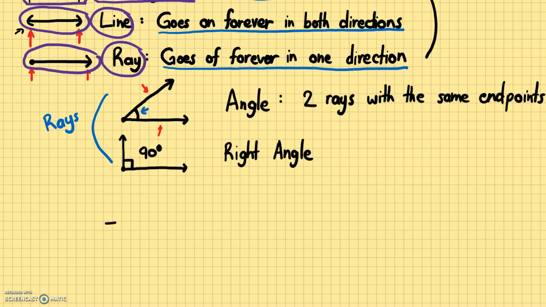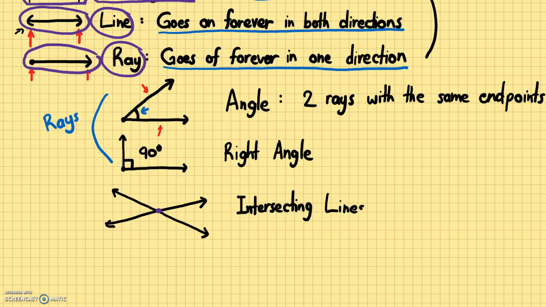So for example, if we have a line that goes like that, and another line that goes like this, the two lines cross each other at that point right there. Okay, when two lines cross each other like that, this is called intersecting lines. Intersecting just means that they're crossing each other.